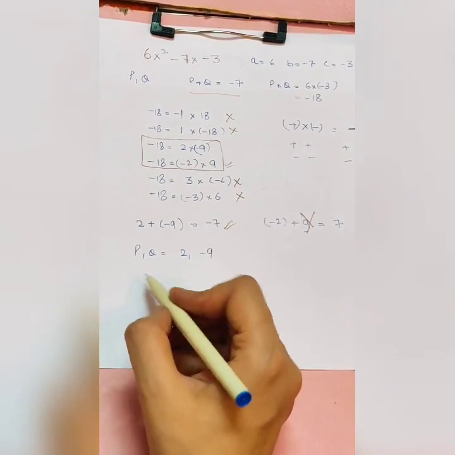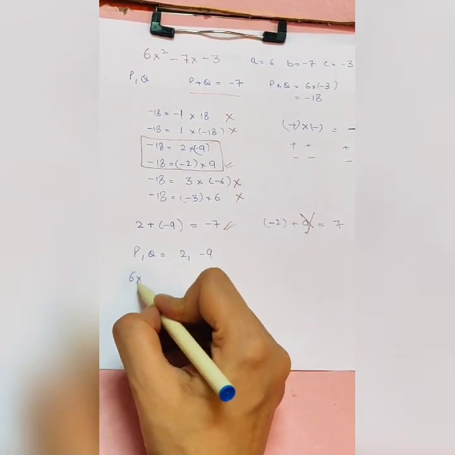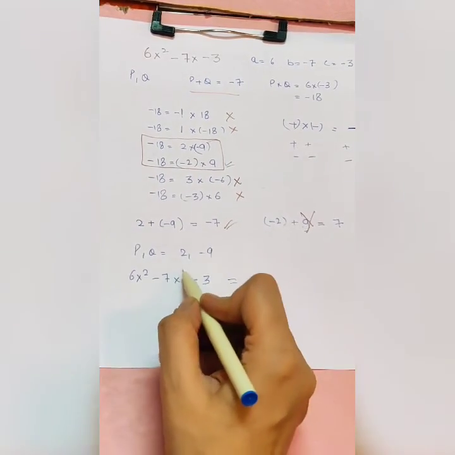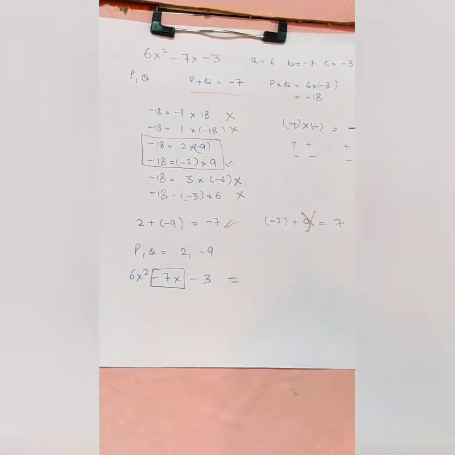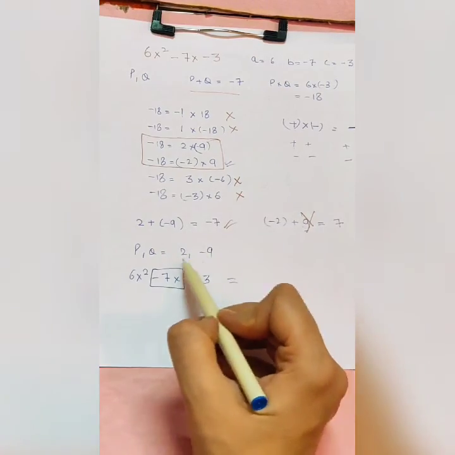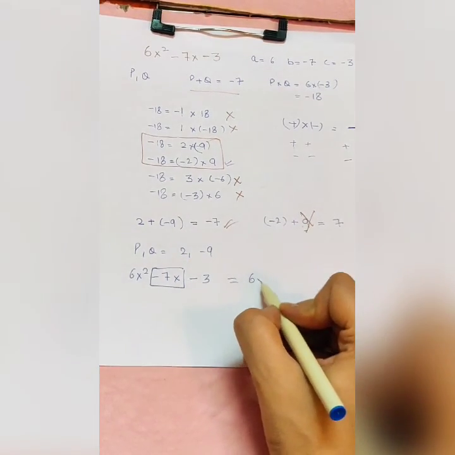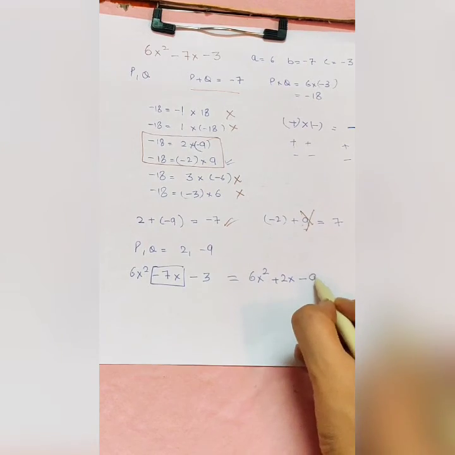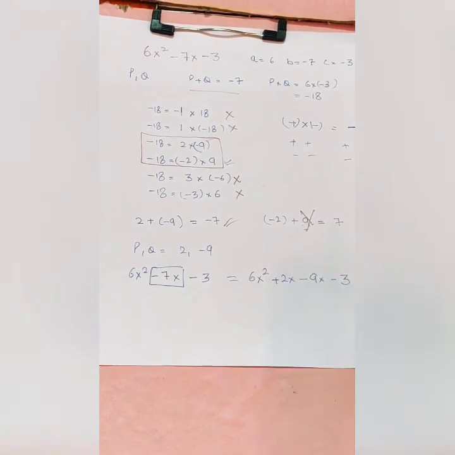So again in the polynomial, we have to replace the whole of this middle term by these two terms: plus 2x minus 9x minus 3.